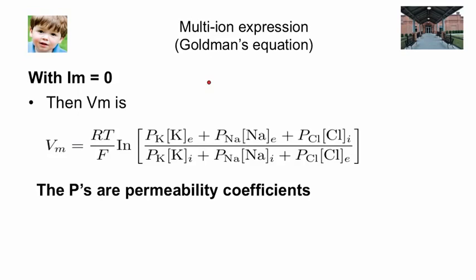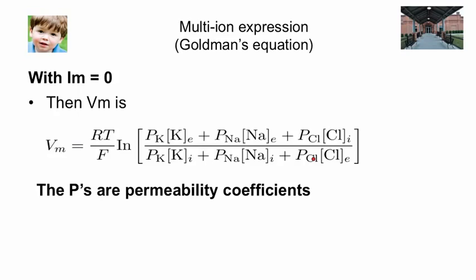The expression is written in terms of these permeabilities, and if you work with the expression somewhat, you'll see that what really is important is the permeability ratios more than the actual permeabilities. You could do that, for example, by taking the expression as given and dividing each term by, say, pK. If you do divide each term by pK, then you'll get a result in terms of the ratios.